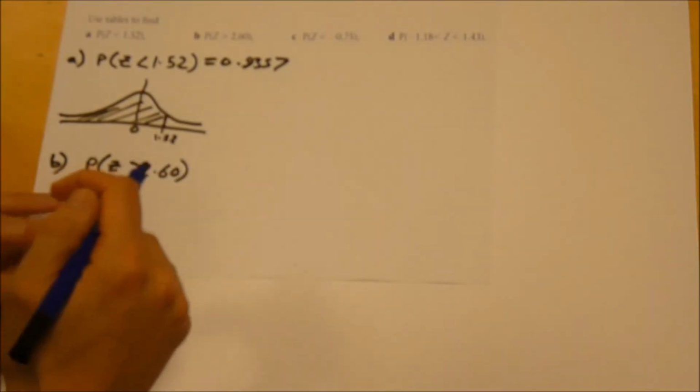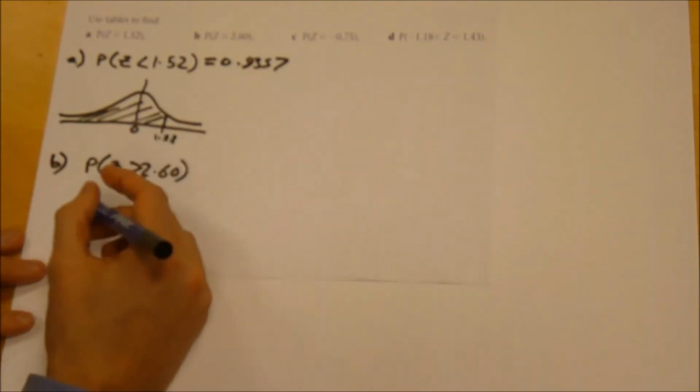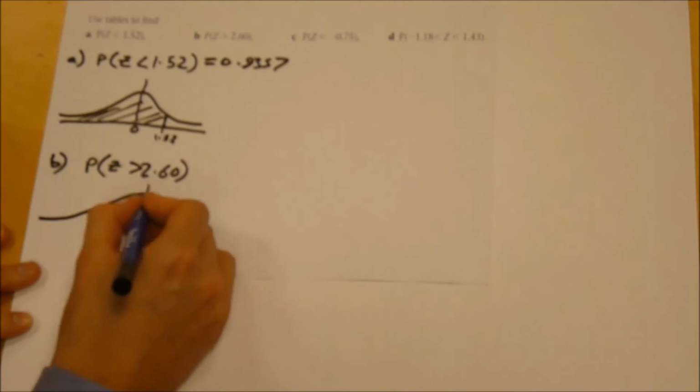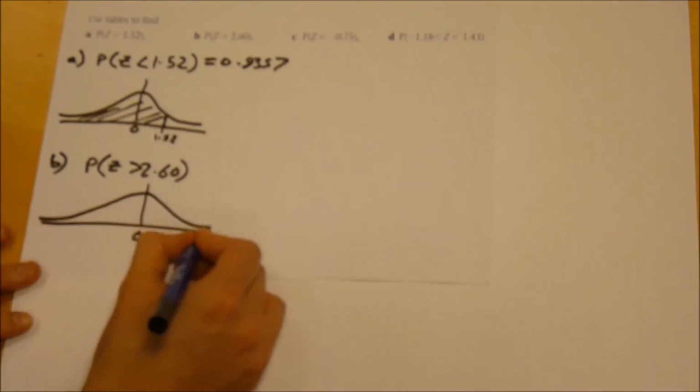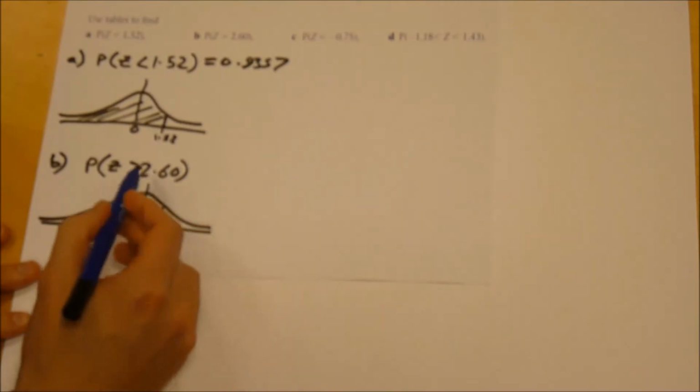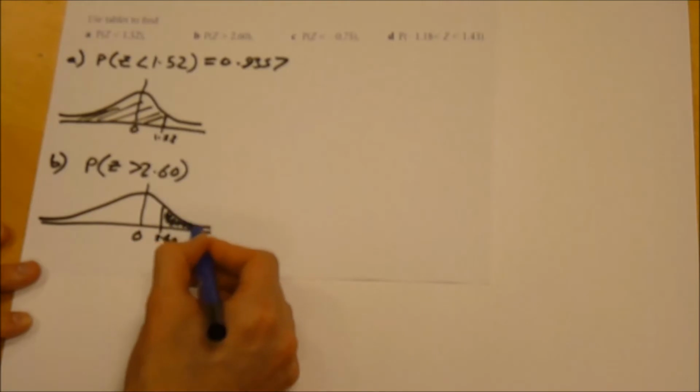Right, for part B, it asks me for the probability that Z is greater than 2.60. Now this is one of the reasons why we draw sketches, because this is where it first starts to get a little bit tricky, but not too tricky. If I draw my sketch, I've got a mean of 0, and I know 2.60 will be to the right, and it wants greater, so it wants this value here.